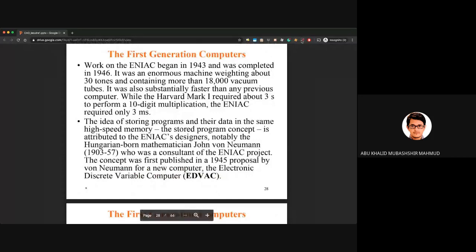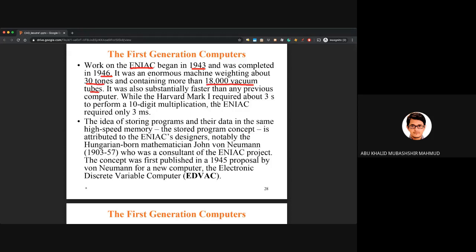The work on the ENIAC began in 1943 and was completed in 1946. Here are the characteristics of that machine. It weighed 30 tons and contained 18,000 vacuum tubes. It was also substantially faster than any previous computer.